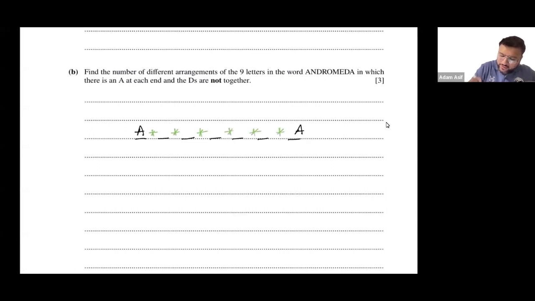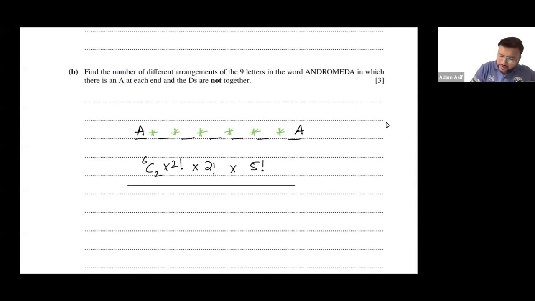D can be anywhere between the other letters. So 1, 2, 3, 4, 5, 6. There are 6 positions. Out of these 6 positions, you are going to choose 2 positions for D's and arrange D's in 2 factorial ways. Multiply by 2 factorial for the 2 A's. Multiply by 5 factorial for the other 5 letters.